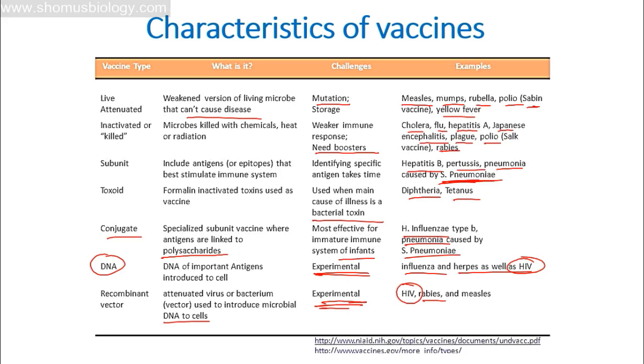What we are trying to figure out is, if we use recombinant DNA plasmids, that means if you find the gene products that can induce an immune response in our body, and we insert that gene product in a vector and transfer the vector inside the cell, then the cell is going to have this response. That's what we can do with the recombinant vector as well as the DNA vaccines.